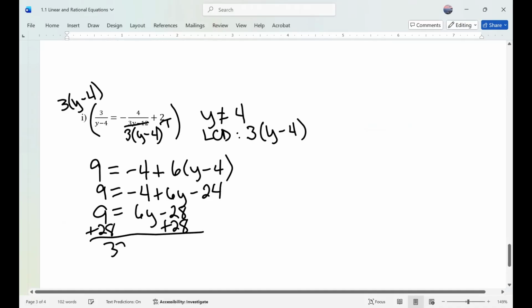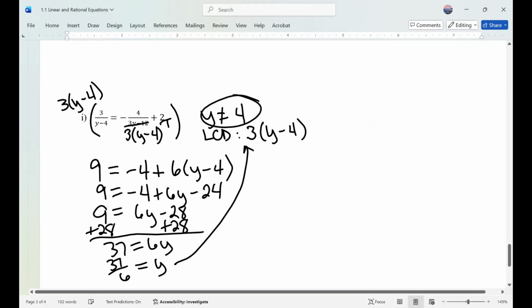So that gives us 37 equals 6y, which, divide by 6, that's going to give us y equals 37 over 6. Again, don't forget to do that comparison with the extraneous, and it doesn't match. So that ends up being your answer.